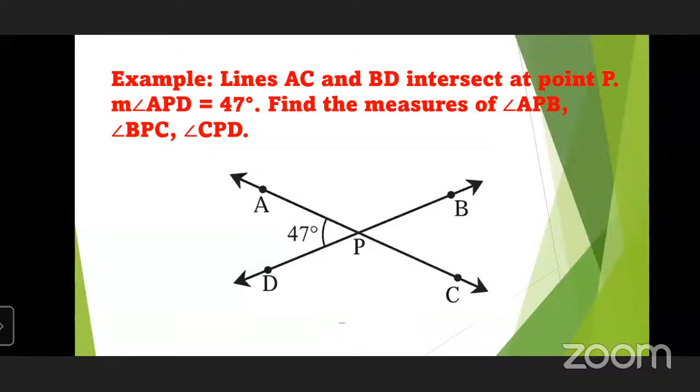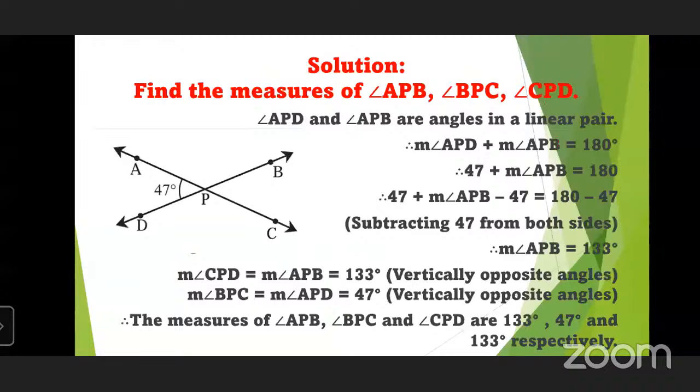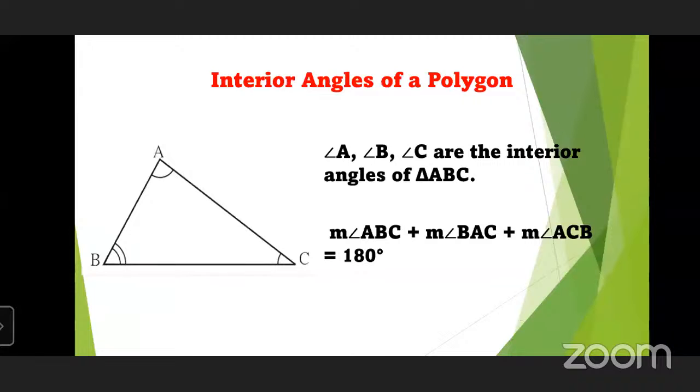If these two are angles in a linear pair, the measurement of these two angles will be 180 degrees, right? And in that 180 degrees, we have the measurement of one angle, that is 47 degrees. So what we will do is subtract 47 from 180.